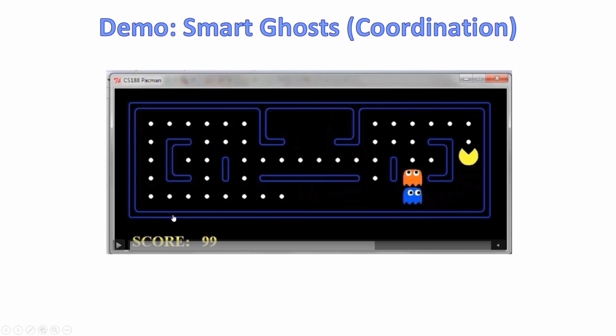At some point you will see that they move apart so that they surround Pacman and kill him. That was not the strategy from the beginning, because the strategy from the beginning was limited by the depth of the tree that we are exploring.